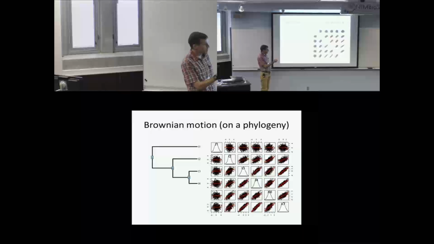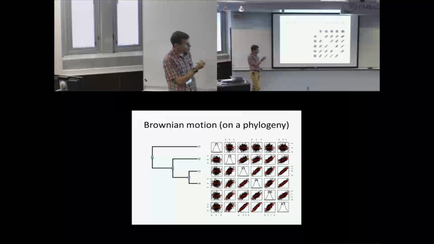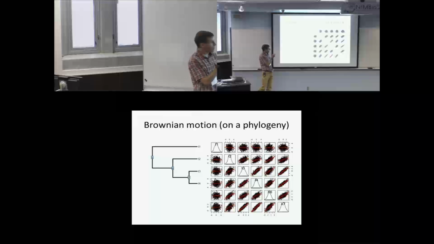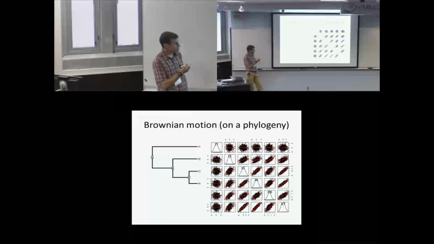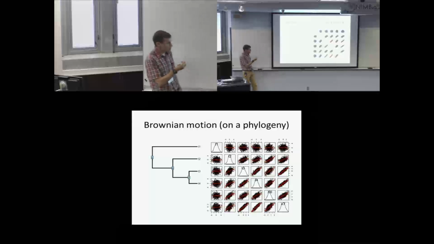These are expected to have a very high correlation because there's very little evolutionary history that separates them. Evolution by Brownian motion proceeded through these nodes and recorded values at all the internal nodes in the phylogeny. These are the values that we don't have, but if we're interested in the practice of estimating ancestral states, these are the values that we want to obtain.